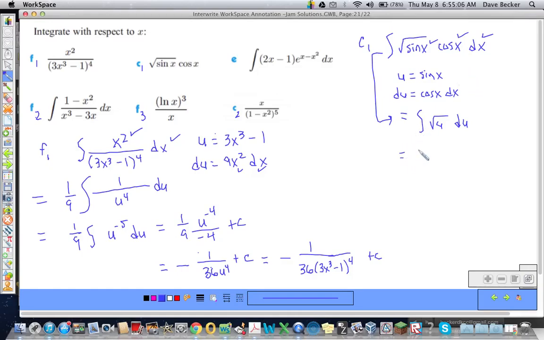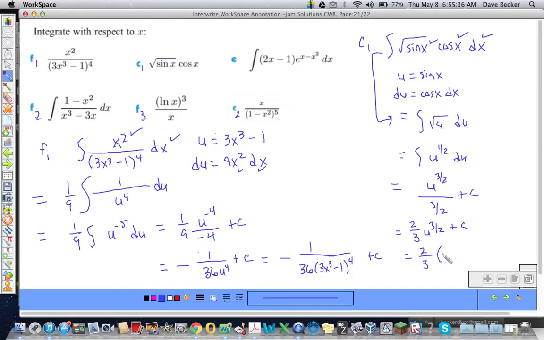So this is equal to the integral of u to the 1/2 du, which equals, 1/2 plus 1 is 3/2, so that's u to the 3/2 over 3/2 plus c. And that becomes 2/3 u to the 3/2 plus c, which equals 2/3.